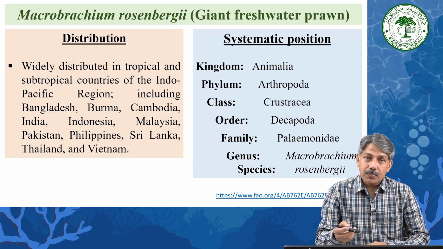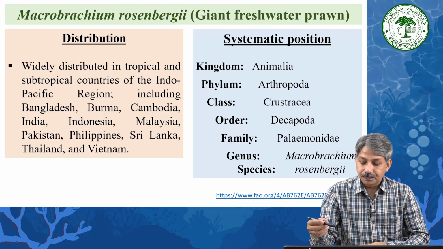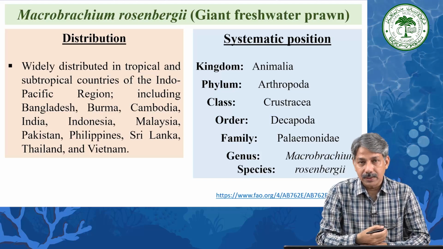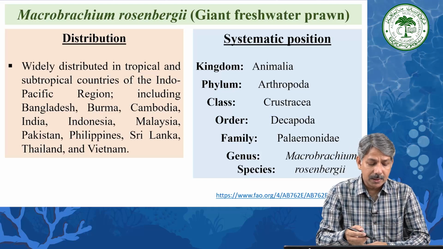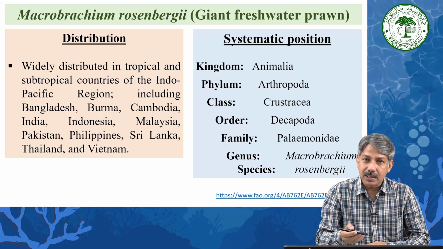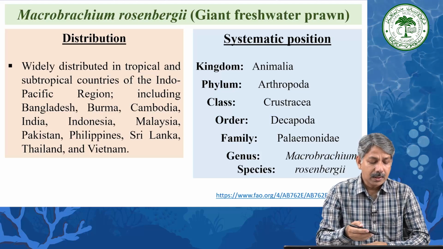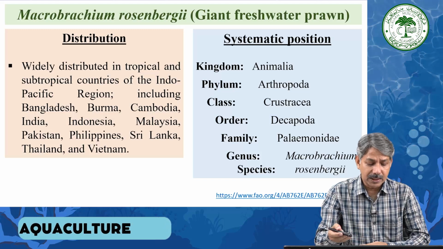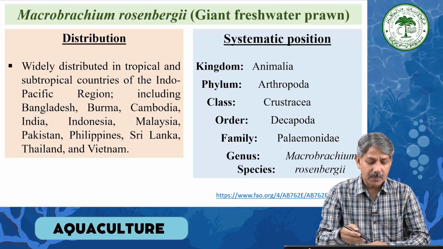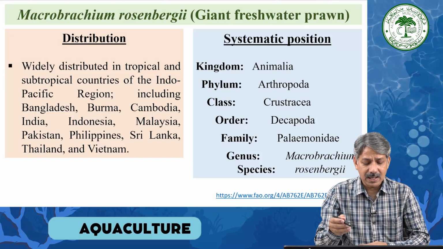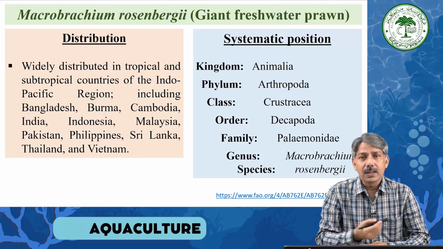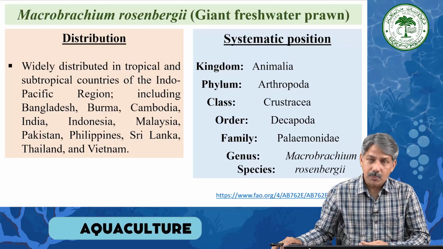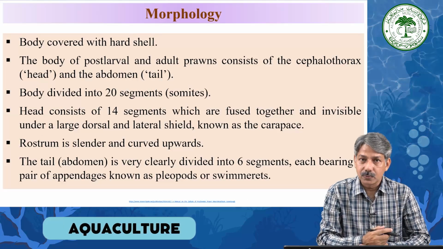The giant freshwater prawn is widely distributed in tropical and subtropical countries, in almost all the major countries doing aquaculture, including our country, India, Bangladesh, Burma, China, Philippines, Thailand. In all these regions, the giant freshwater prawn is distributed.